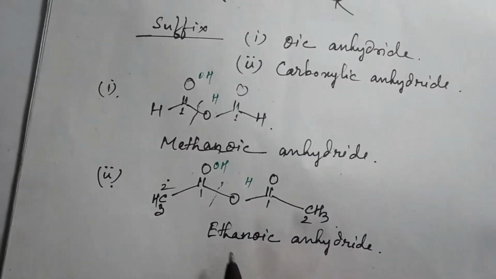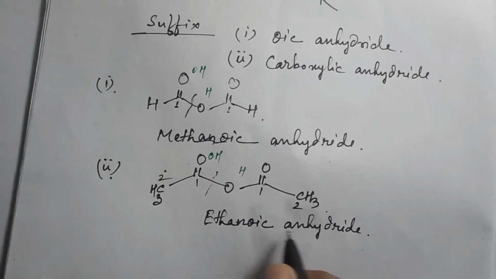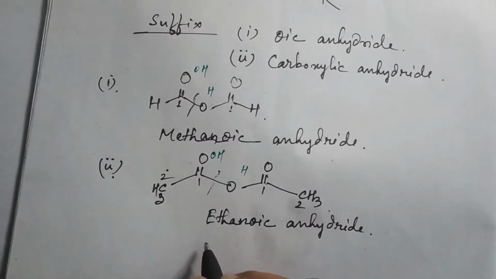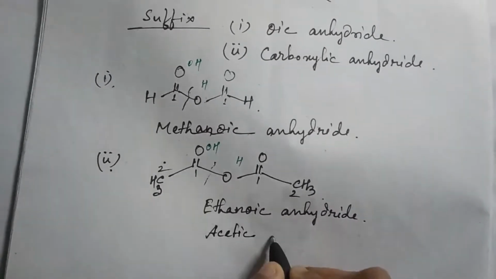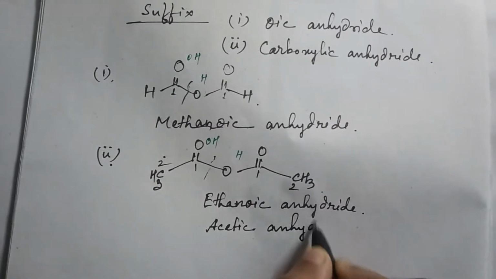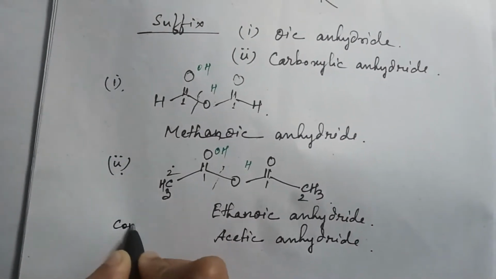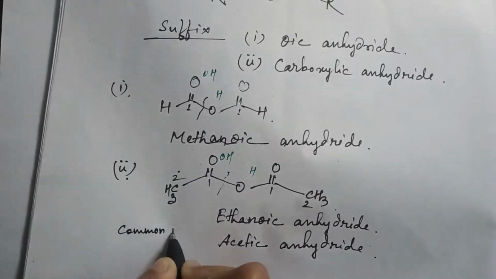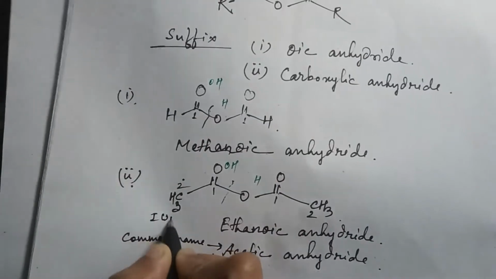Now, this ethanoic anhydride, this is the IUPAC name. It has a common name, and that common name is acetic anhydride. This is the common name. And this is the IUPAC name.